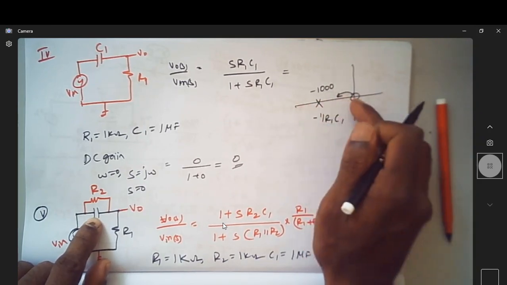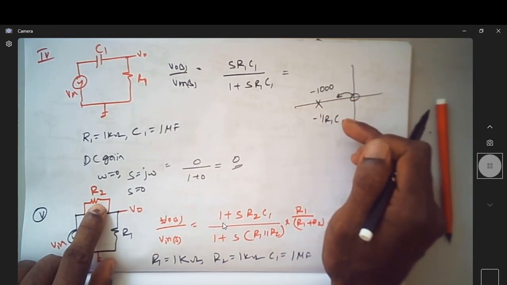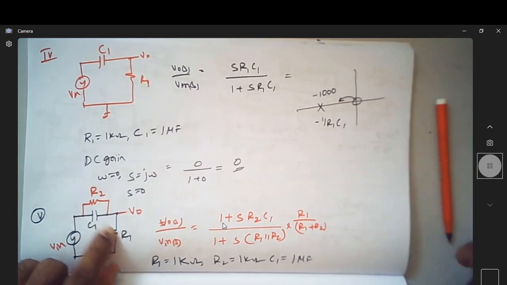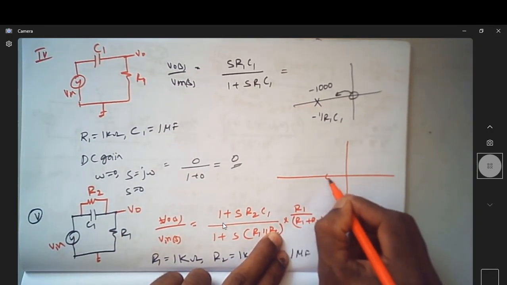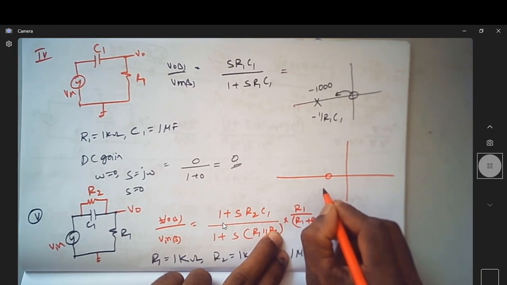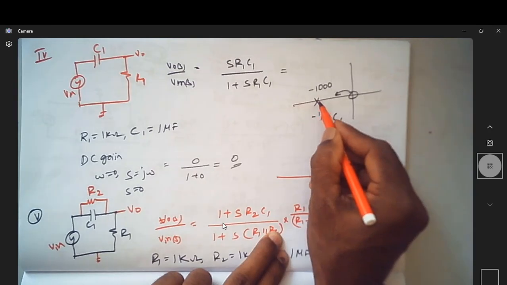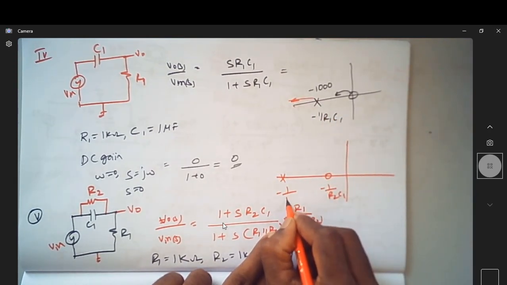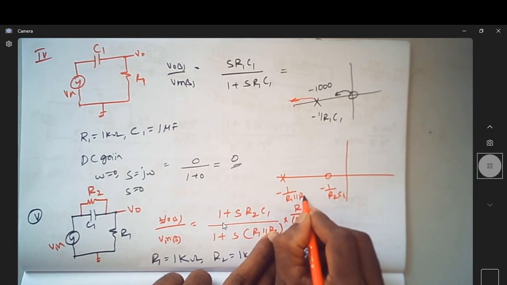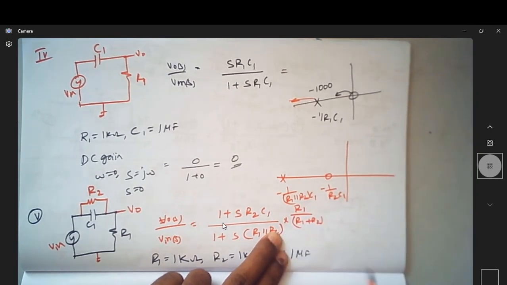That is the effect of adding a resistor in parallel to C1. Now the 0 is at minus 1 over R2 C1, whereas the pole moves to minus 1 over R1 parallel R2 into C1.